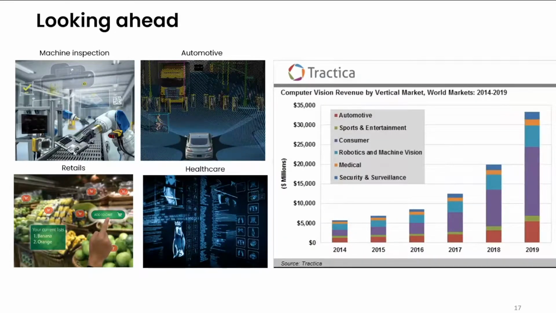To summarize, we have seen very rapid progress in deep learning algorithms and improvements in hardware that facilitate the advancement of computer vision technologies. AI has found a lot of success in many of these areas, including machine inspection, automotive, retail, and healthcare, and this trend shows no signs of slowing down.